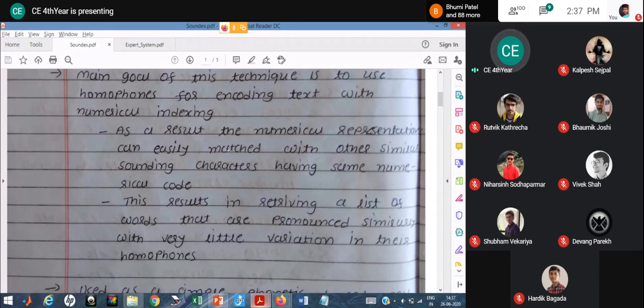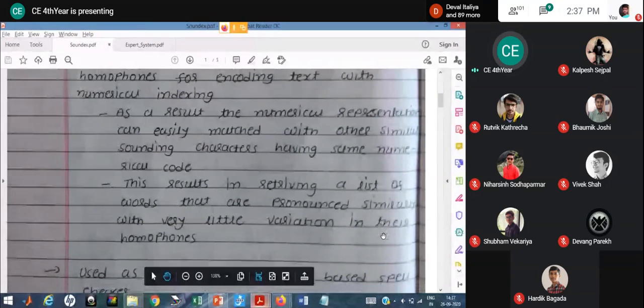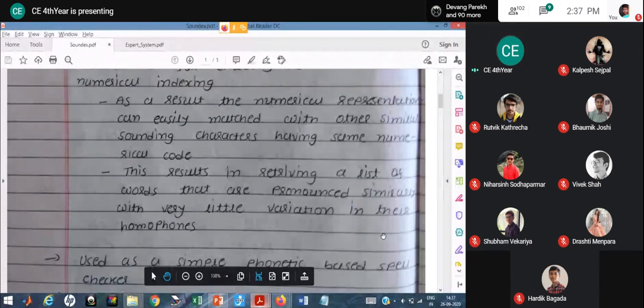You encode the text with numerical indexing, and the numerical representation can match other similar sounding characters having the same numerical code.